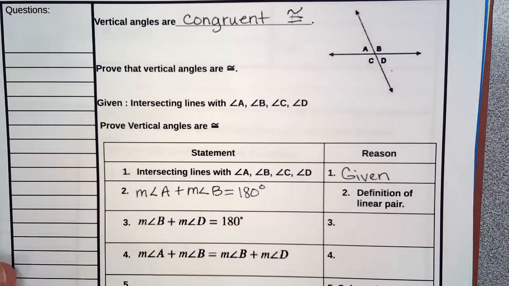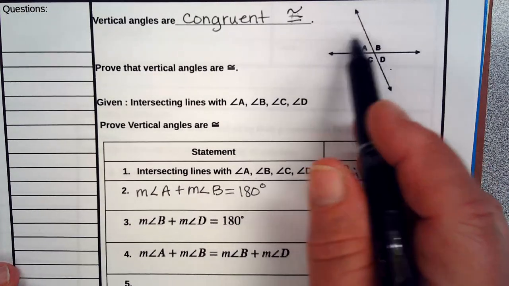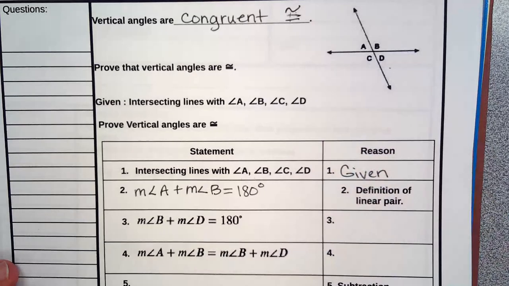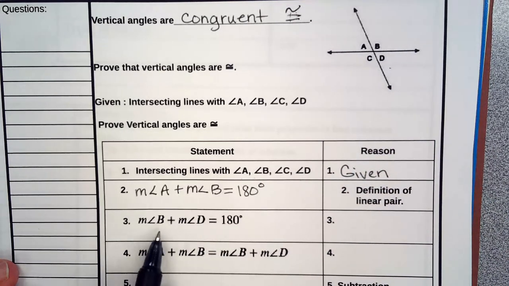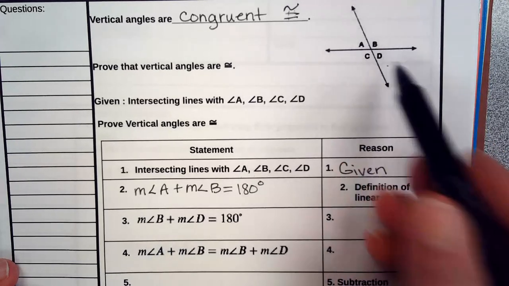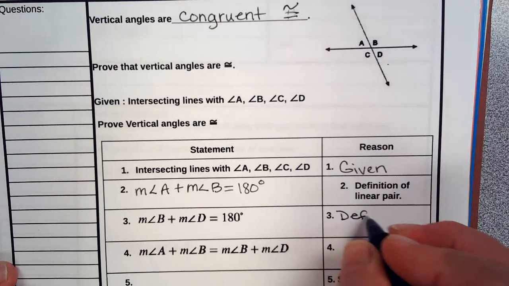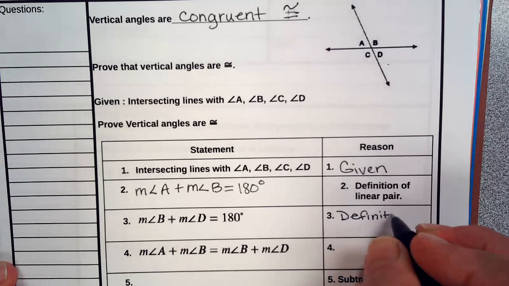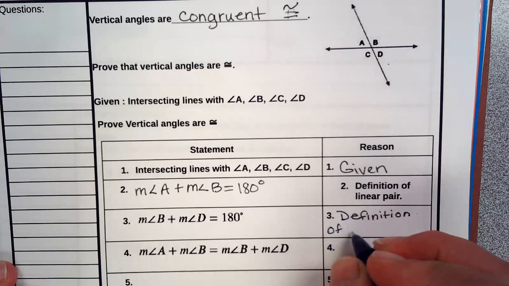So I've just said this plus this makes 180 degrees. Likewise, the measure of angle B plus the measure of angle D equals 180 degrees. That's also your definition of linear pair.